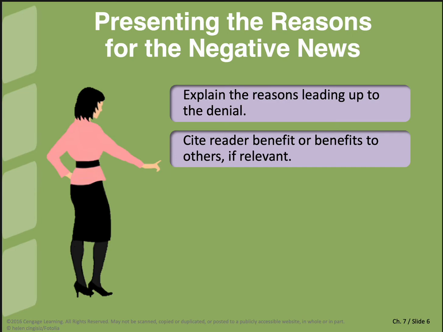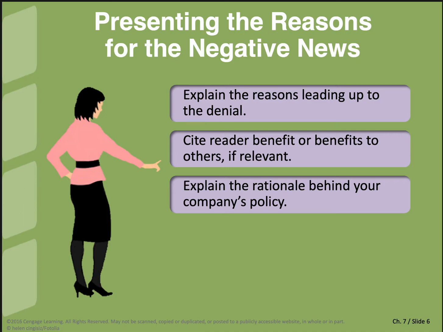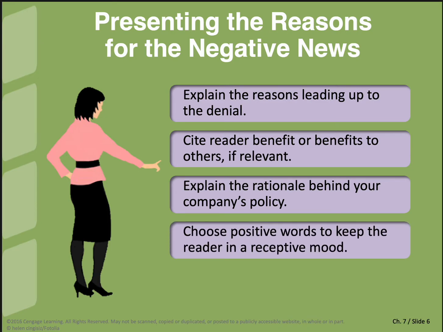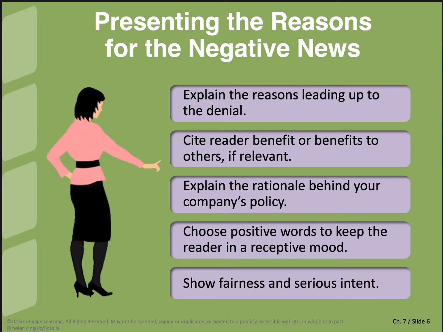Or if you're not able to support their project at this time, maybe it's because your company has a very specific deadline or set of instructions for applying that they need to use. Explain the rationale behind any company policies if that's the case. Always choose positive words to keep the reader in a receptive mood and show fairness and serious intent.